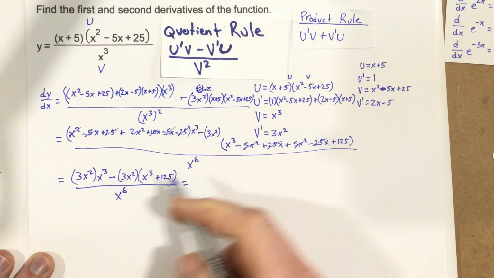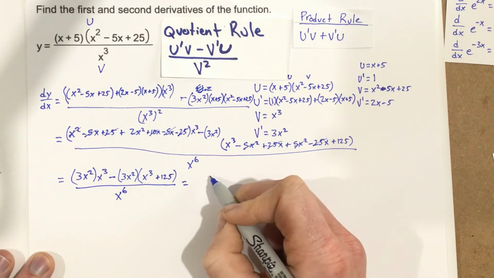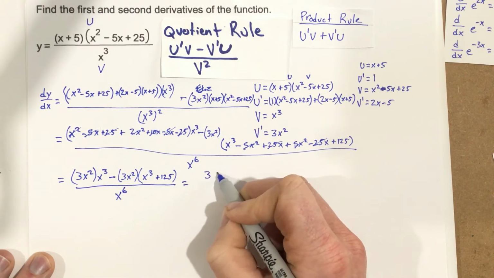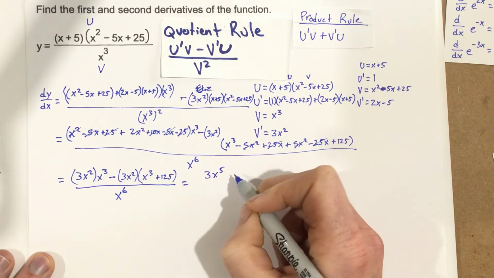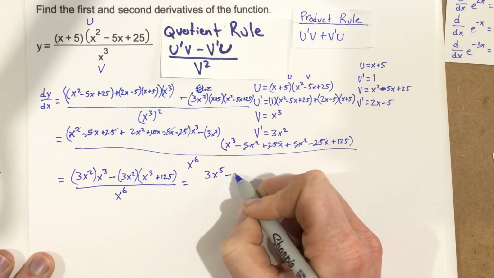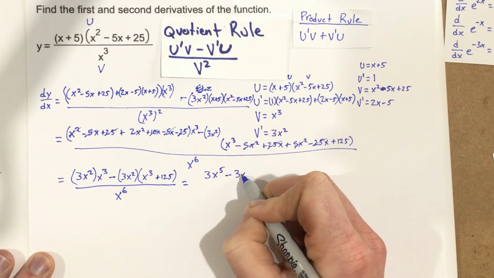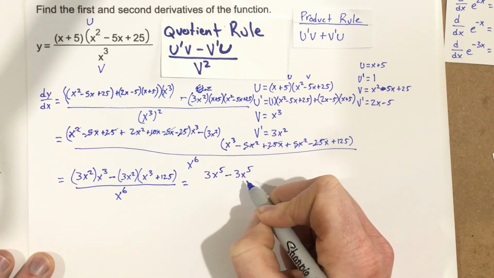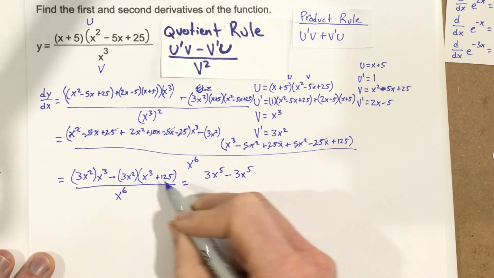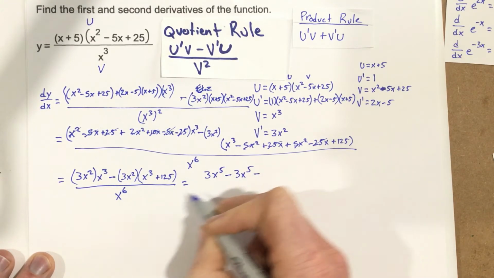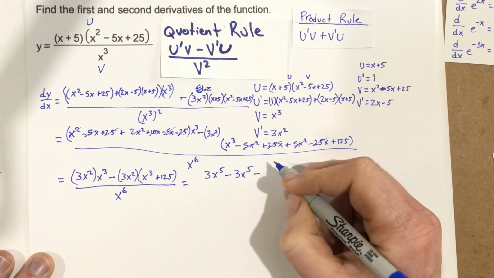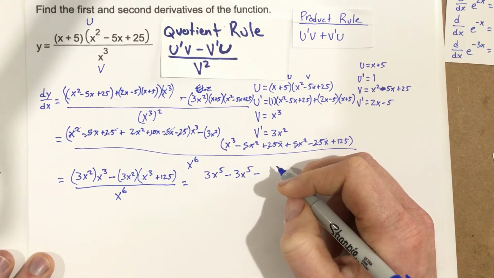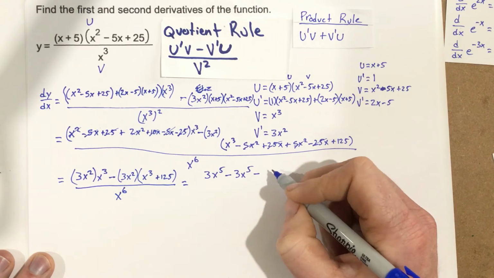So this is going to be 3x to the 6th, or 3x to the 5th. We distribute on this, and we're going to end up with negative 3x to the 5th. Negative 3x squared times this will be negative, that'd be what, 375? Yeah.